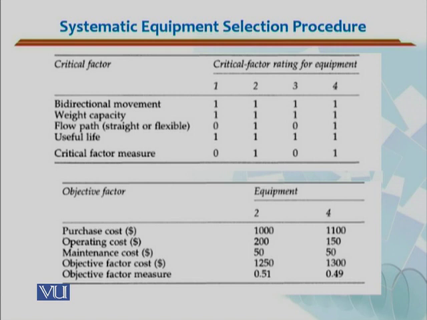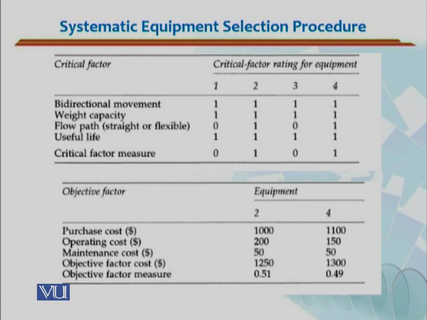For example, in the critical factor rating for equipment 1, the flow path is 0, so the critical factor measure would be 0. Equipment 2 is 1 because all the critical factors have a value of 1 for that equipment type. Similarly, for equipment type 3, there is a 0 for the flow path, so the critical factor measure would be 0.